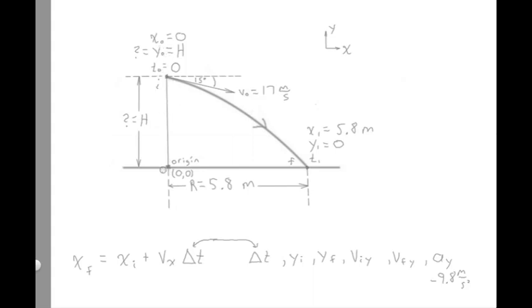Because this vertical position is 0, this distance of h is also equal to the position coordinate right here. So when we know y initial, we're also going to know that that same number represents this distance. And so the specific symbol we're going to use for y initial on this problem is capital H, because that's the specific symbol the problem told us to solve for.